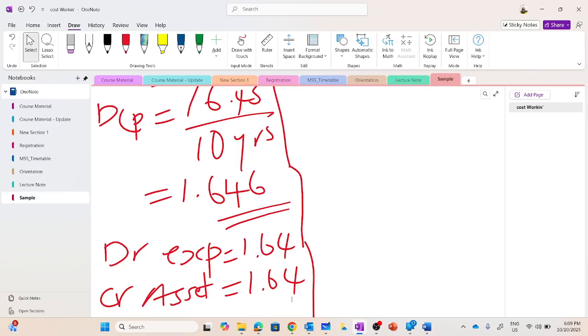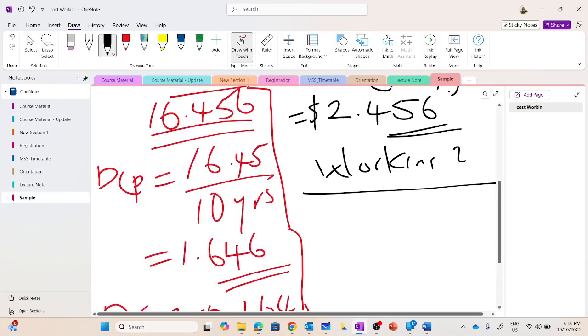Now, we are going to do working two. Very much important. Right? So now, to ensure we understand, we have discounted the $4 million to $2.456 million, and we have recognized the asset, and then we have recognized the liability.